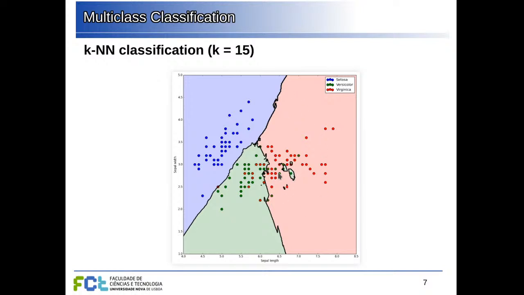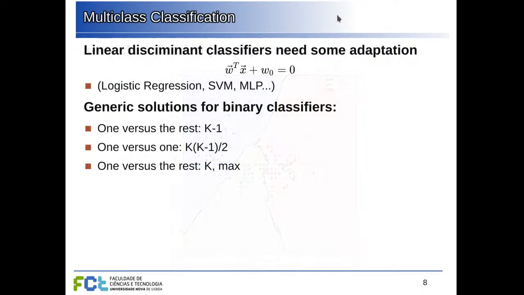Here we have green because there are some green examples there, and probably also it catches some green ones over here. Here they are mostly green, blue, and so forth. So for k-nearest neighbors, it's not a problem to extend the same idea of classification with 2 classes to 3 classes. We just take the majority vote and it works all the same.